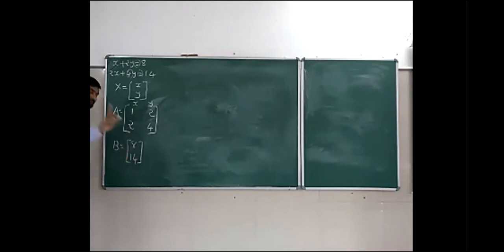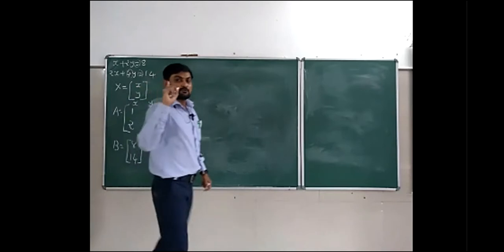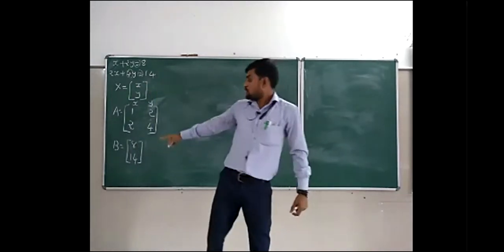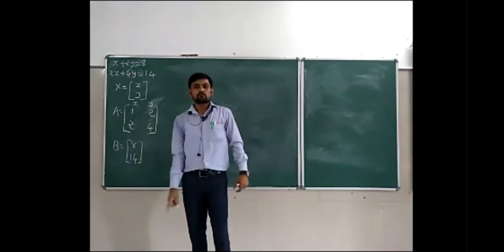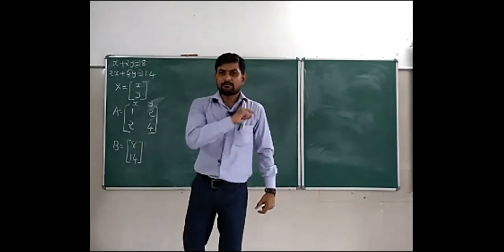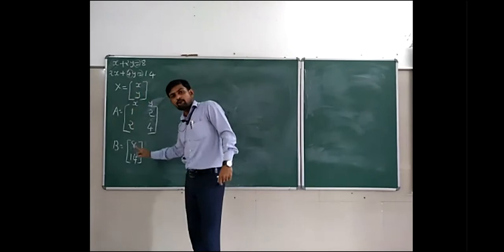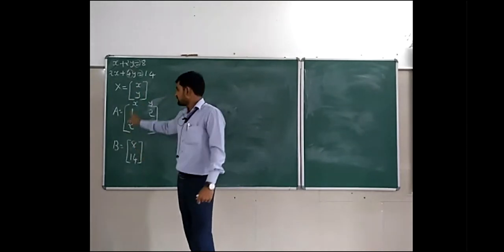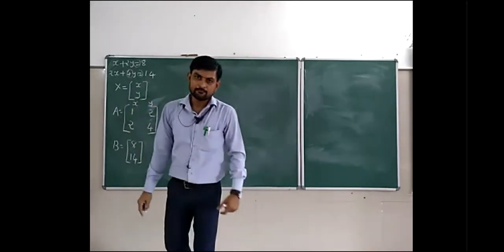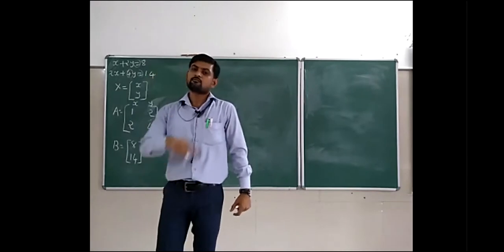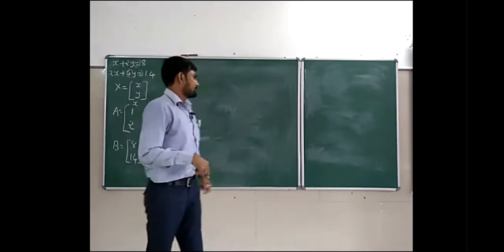Now see, I already taught you that a column matrix is also known as a vector. So we have two vector matrices, X and B, and we have matrix A. When we have only one column, it is called a column matrix or vector.